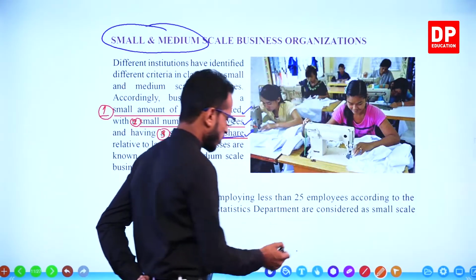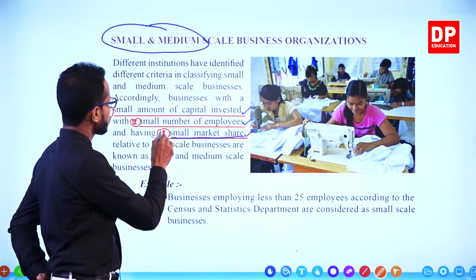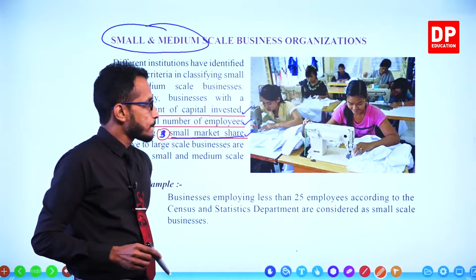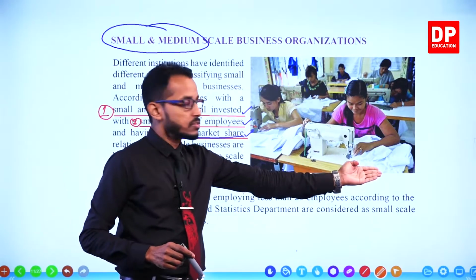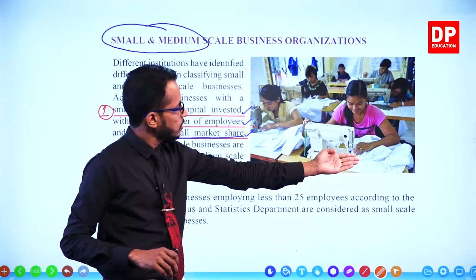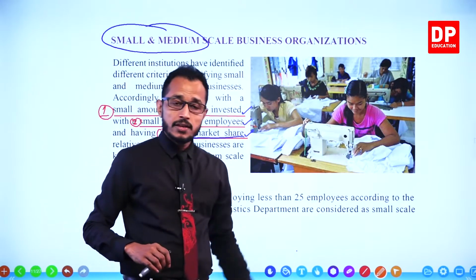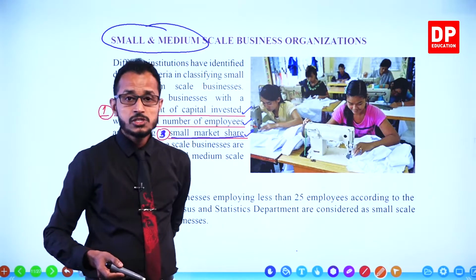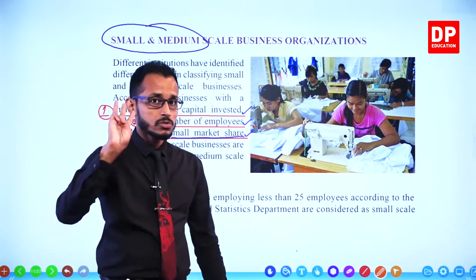I'm trying to give you an idea about this market share. Your mother is running a small garment production or a factory, producing white color school uniforms for girls, and you have 3 girls' schools.